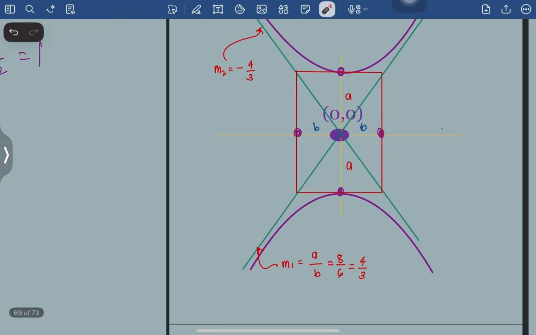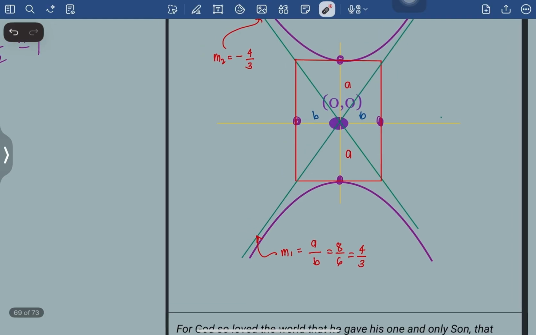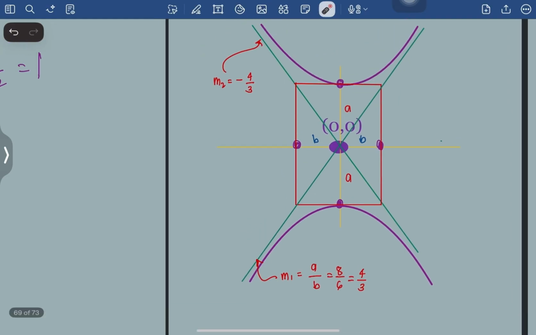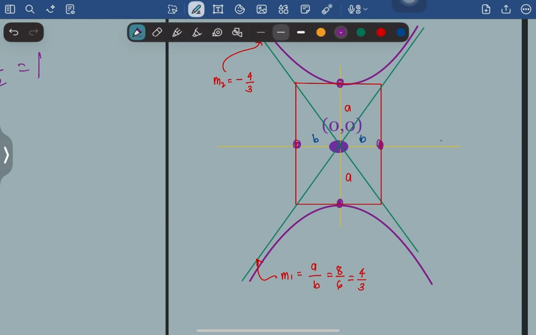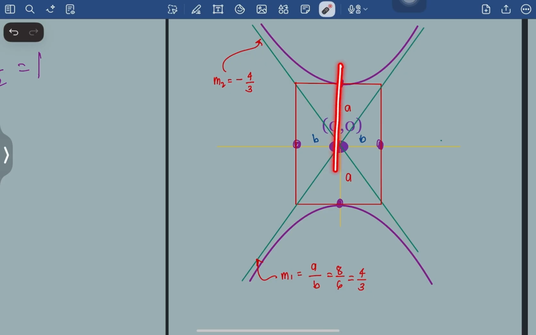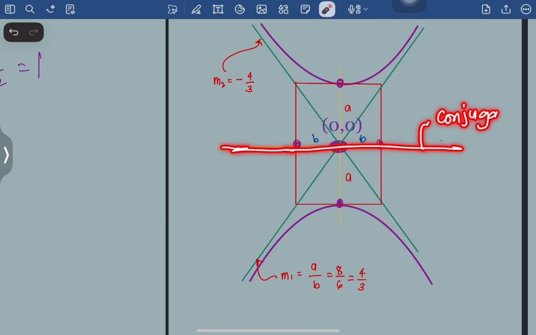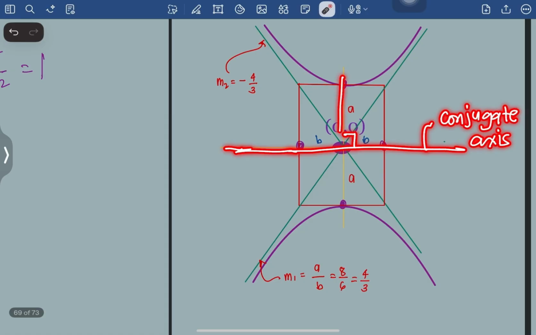So, I forgot to mention that this one, where the distance A is located, is the transverse axis, kung nasaan po yung distance A natin. Then, ito naman yung conjugate axis, kung nasaan yung distance B. So, perpendicular po yan sa transverse.